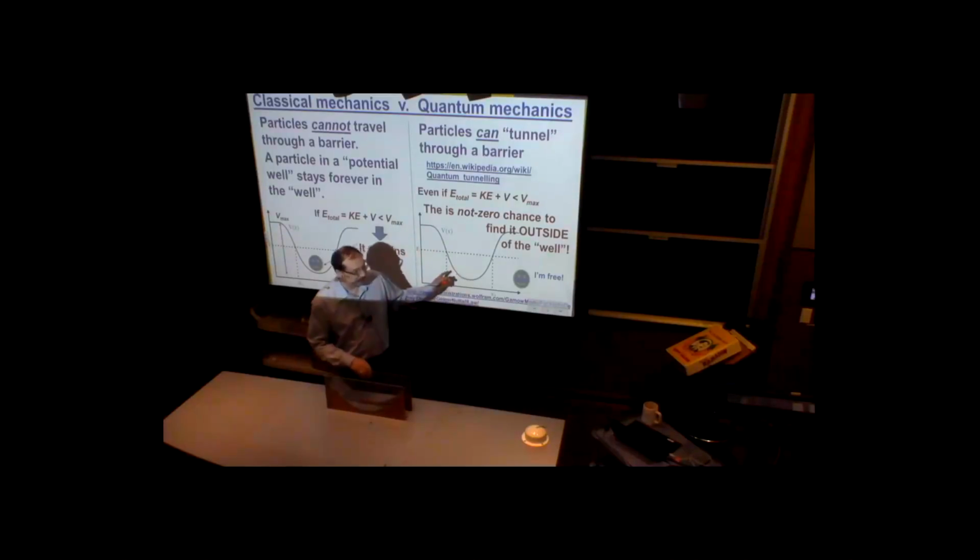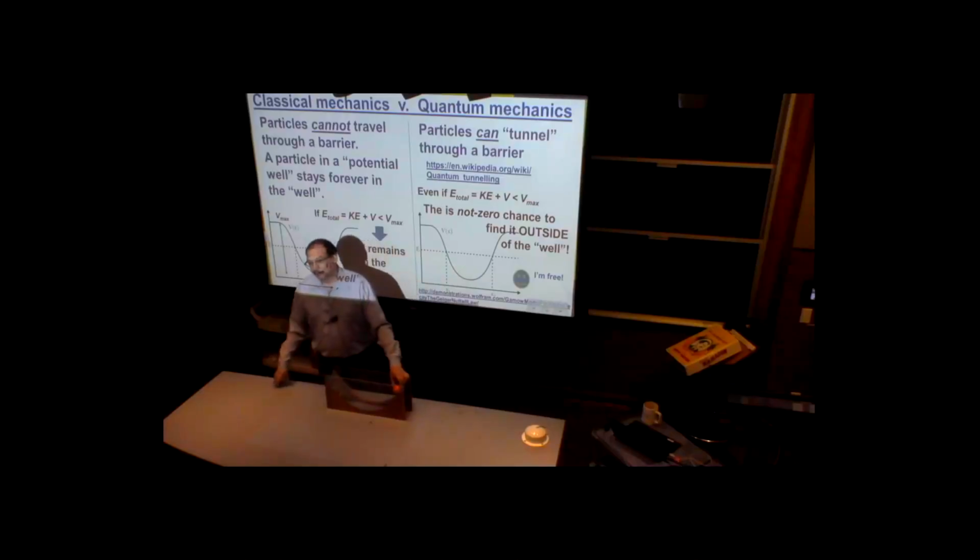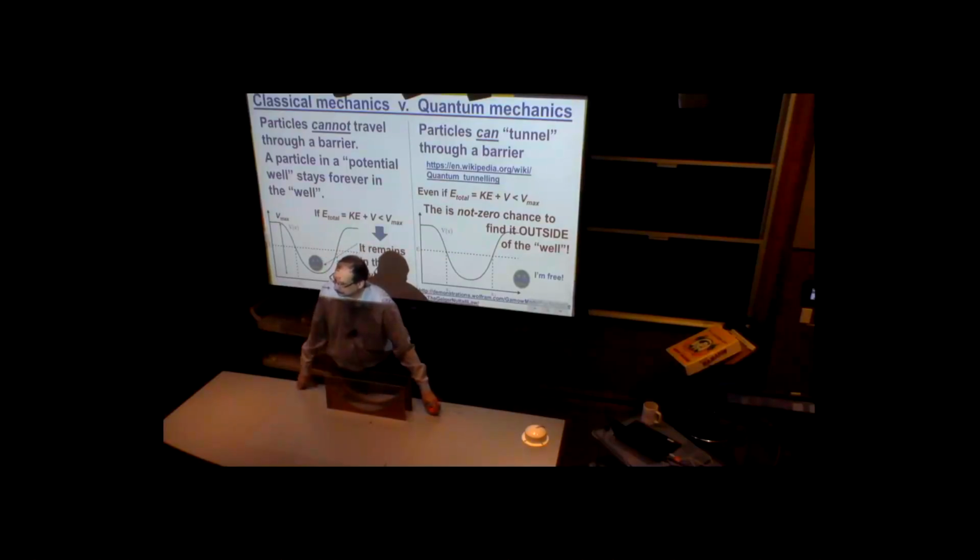In a quantum world, actually, even if the total energy of a particle is less than the maximum potential energy of the system, there is a chance. A chance means a mathematically calculable and physically measurable probability of this particle, which is right now right here, to get out.